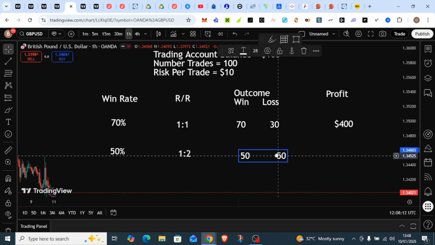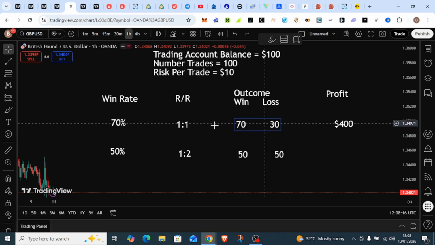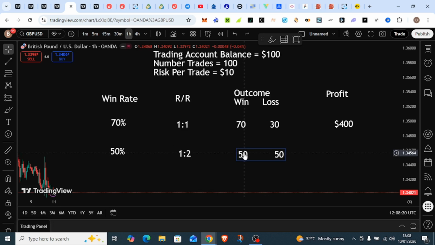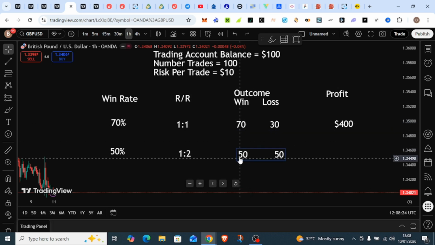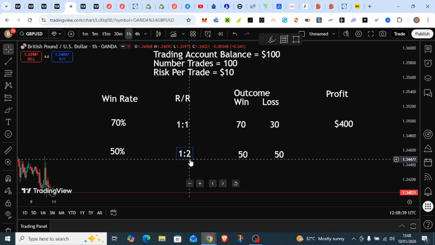So it's 50-50. Then if you do the same calculation we did here, knowing that we've won 50 trades and lost 50, and we are risking 10, multiply 10 by this 50, you get 500. Our reward here is 2. So each time we risk $10, we make $20 if the trade goes our way.